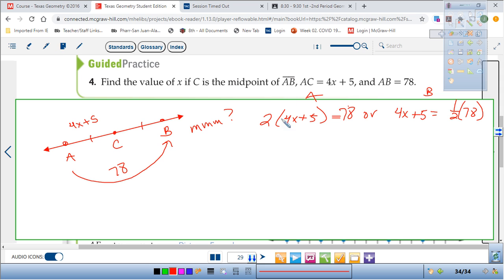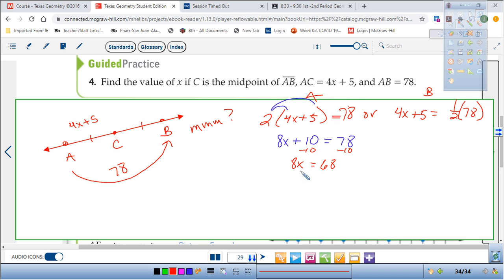Okay, we'll do A. So let's go out here and distribute this one. Distribute here, we'll go with 8x plus 10 is equal to 78. Not too bad, right? Y'all see how we do that? Now we just subtract 10, subtract 10. We're going to go with 8x is equal to 68. Is that right?